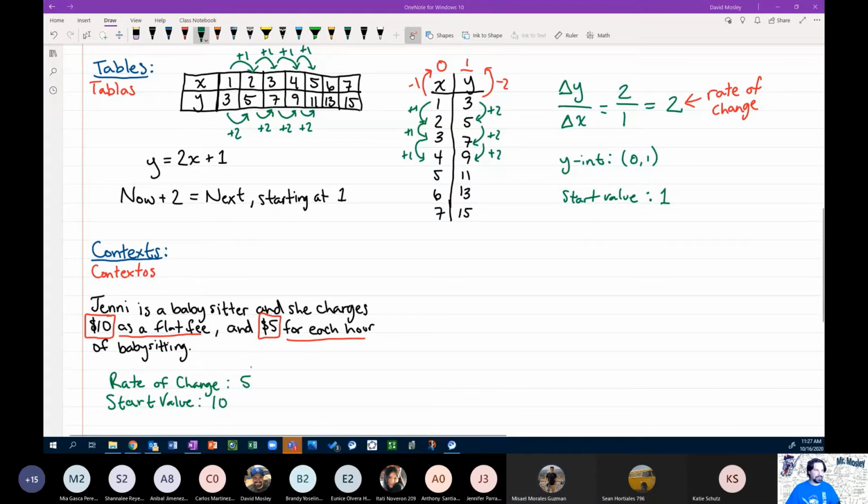So, in the context, we have all the information we need. We don't need to find anything else. And we can write the rule. Y equals 5x plus 10.